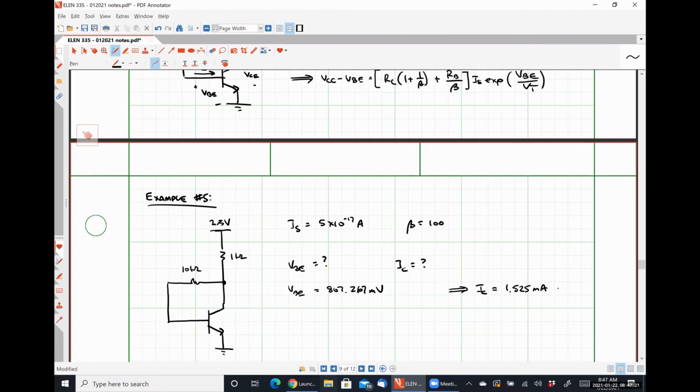What should we expect to happen if our base resistance is increased? So will VBE, did you say decrease?